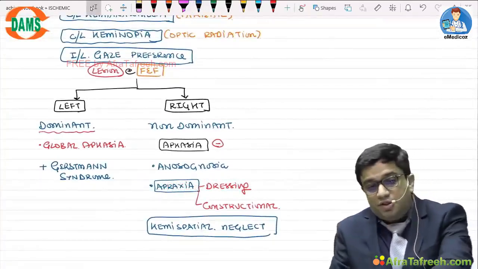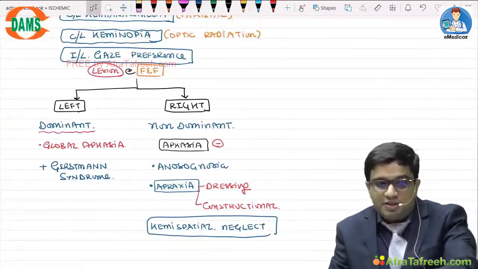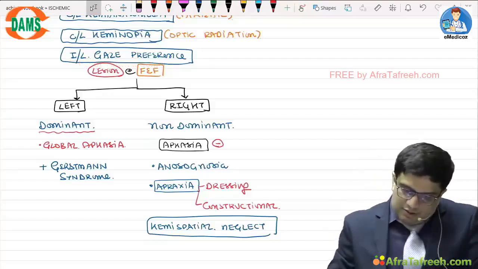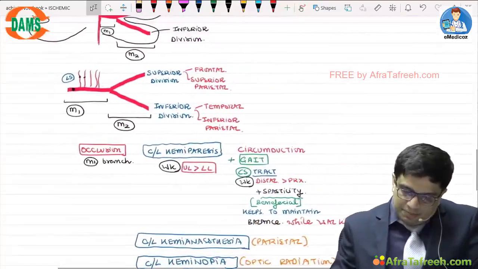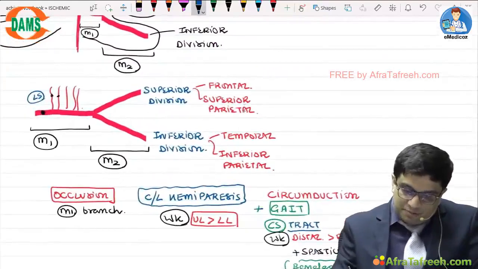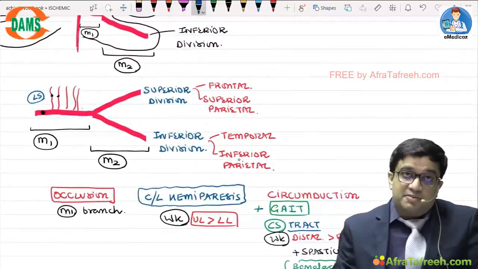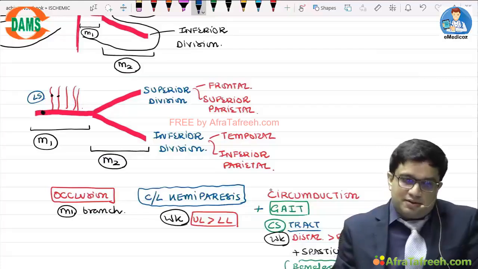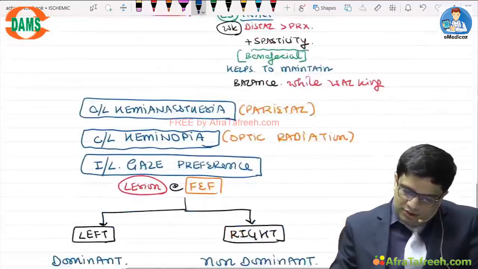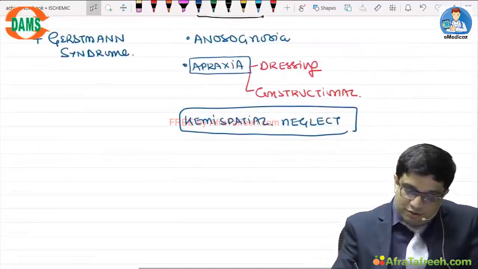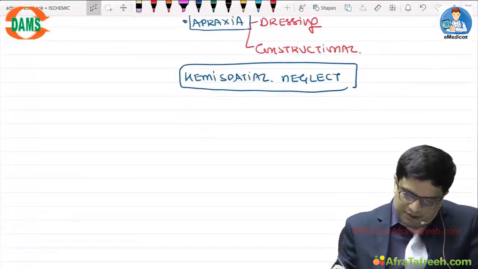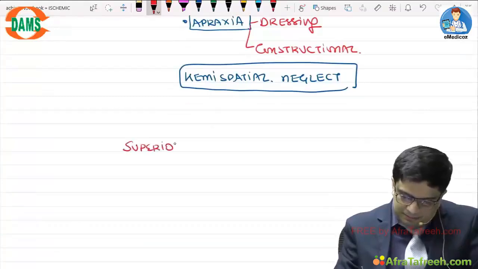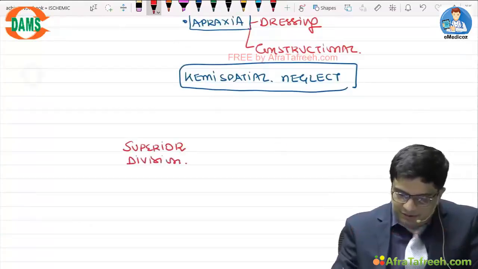But now let's look into the division involvement, superior and inferior division. As I wrote earlier, the superior division supplies the frontal and superior parietal, the inferior division supplies the temporal and the inferior parietal. So now we'll look into the involvement of the MCA, the superior division and the inferior division.